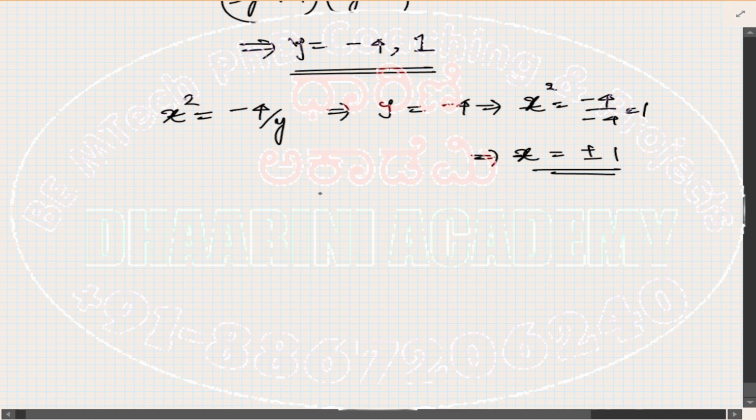Okay. So if I say y equals 1, this implies x squared is equal to minus 4 divided by plus 1, so this is equal to minus 4. Now you see that this is not possible because x and y cannot be imaginary.